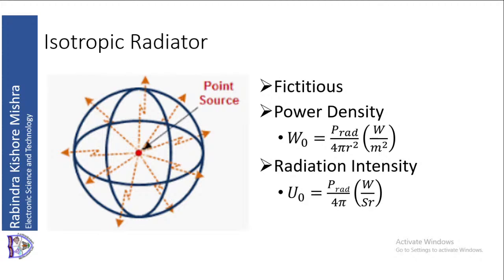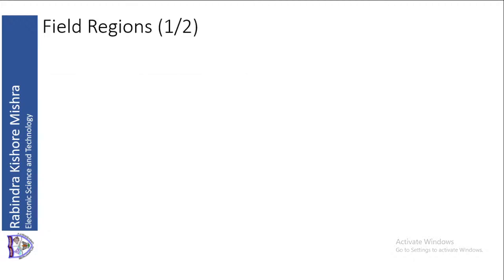You can also define it in this manner: radiation intensity is equal to the total power radiated divided by the solid angle subtended by the radiated area. So whatever area is illuminated by radiation, the ratio of that power by the solid angle subtended by that area gives us the intensity.